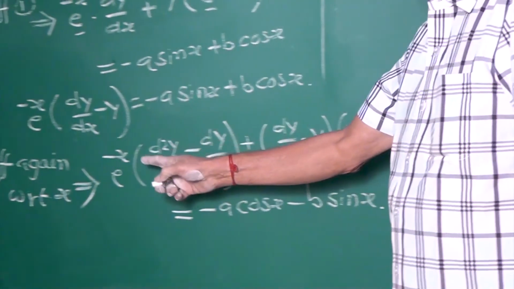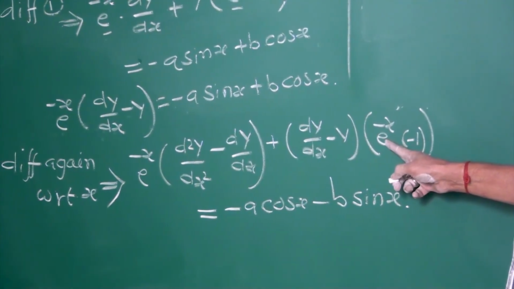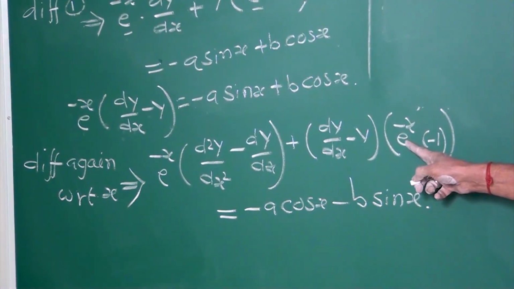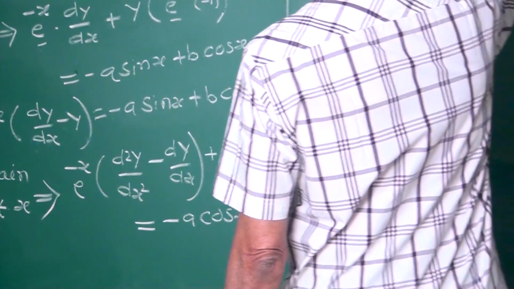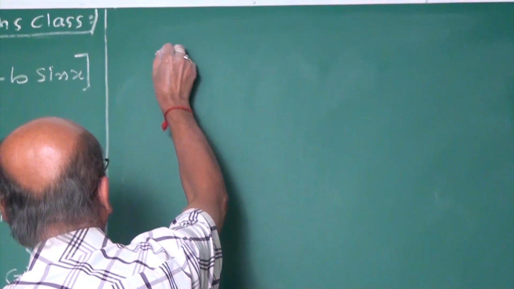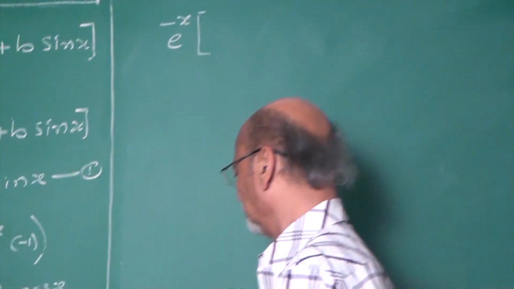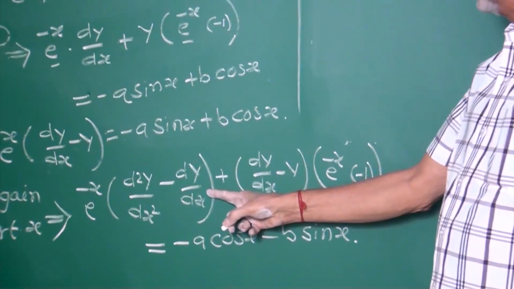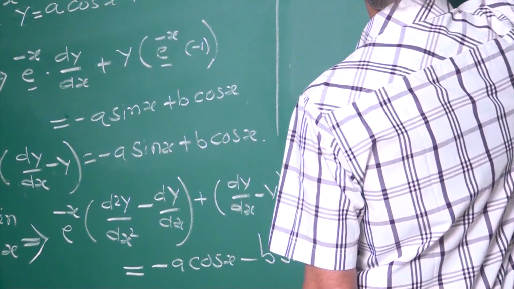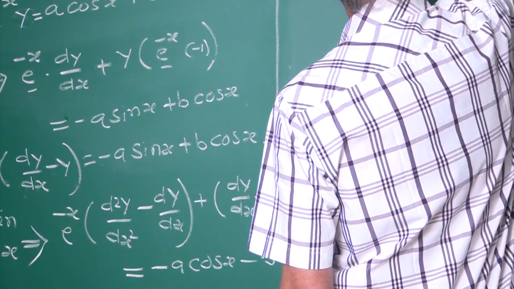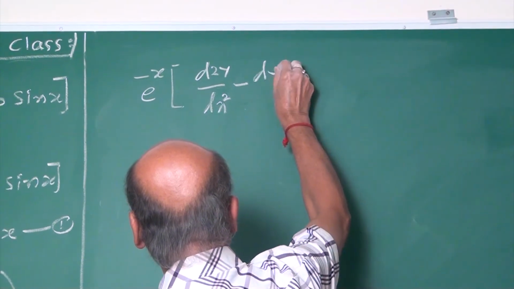See, e to the power minus x is common. You are left inside with the first bracket d2y by dx2 minus dy by dx.